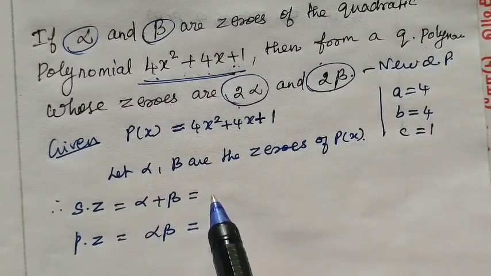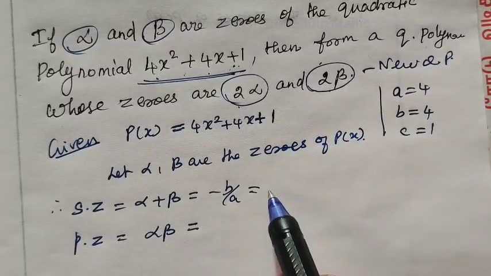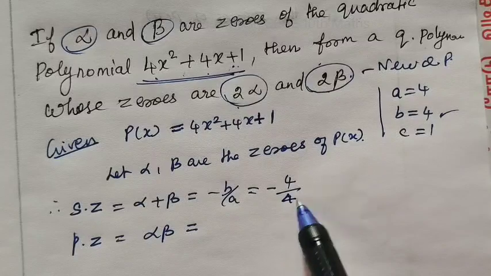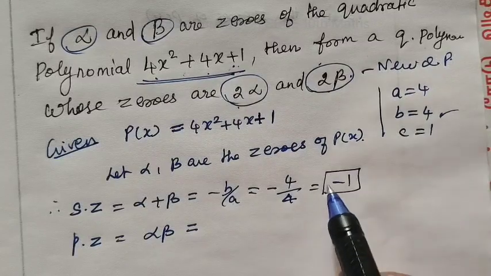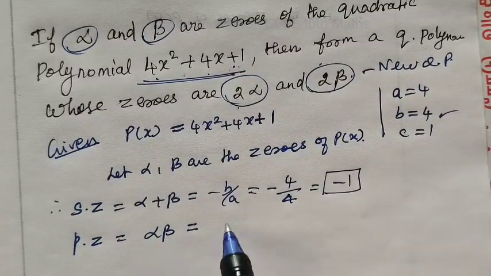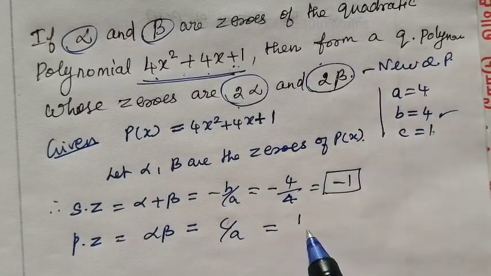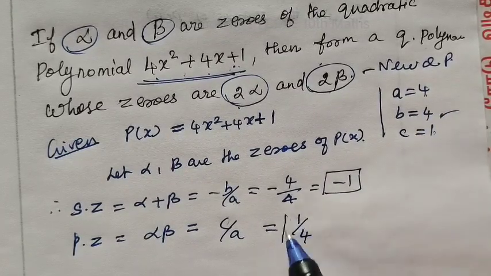So sum of the zeros formula minus b by a, minus b by a is minus 4 by 4, so minus 1. Alpha plus beta is minus 1. Alpha beta is c by a. What is c? 1. A is 4. So 1 by 4.